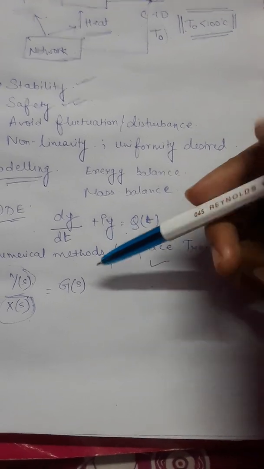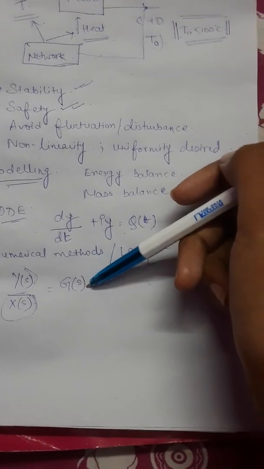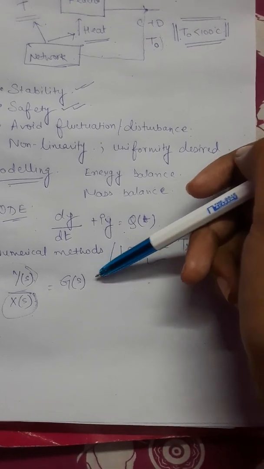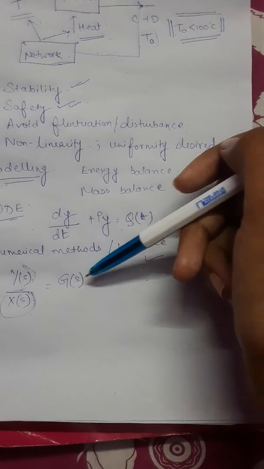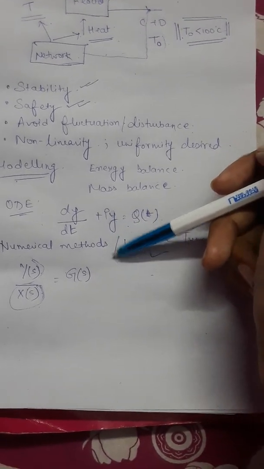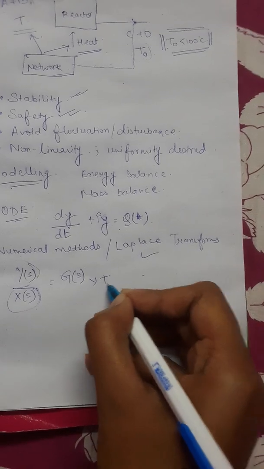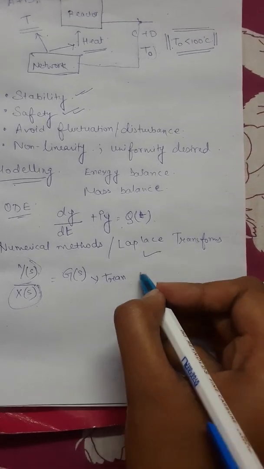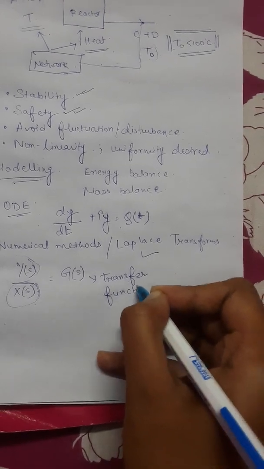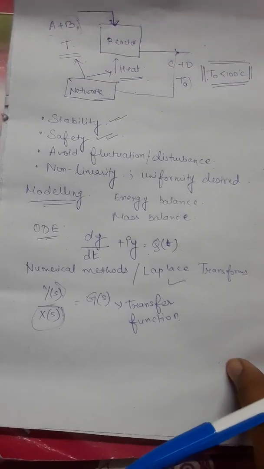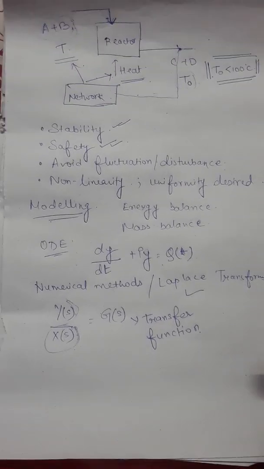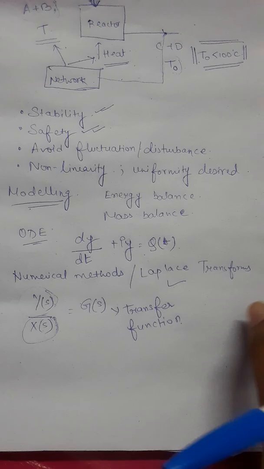So these solution parameters, these transfer functions, give us an idea about lots of things like the stability of the process, the way in which this process may be modified, what kind of input can be given to keep the process linear, etc. So this transfer function, that is Y(s) by X(s), represented by G(s), is a key player in process control, dynamics and instrumentation. We'll be getting to know further about this in the later lectures. Thank you.